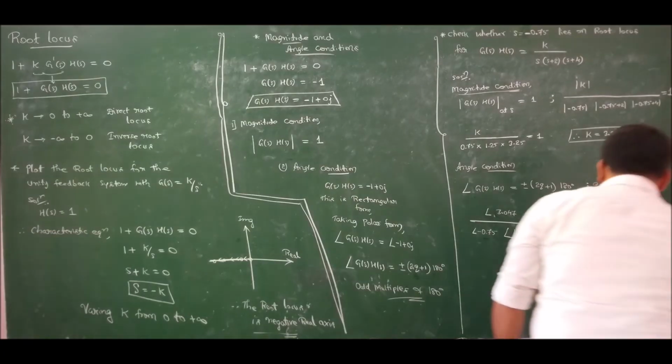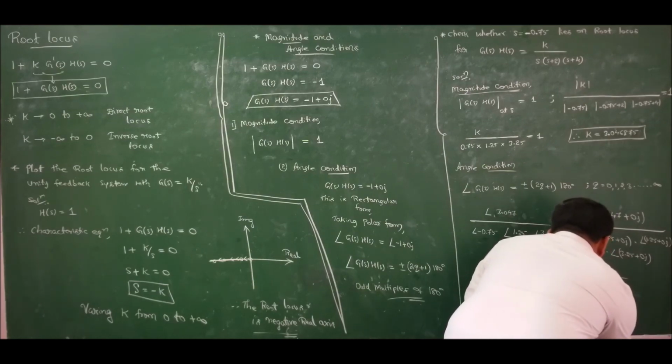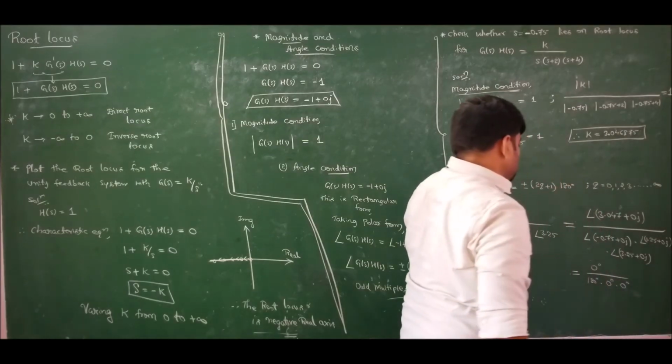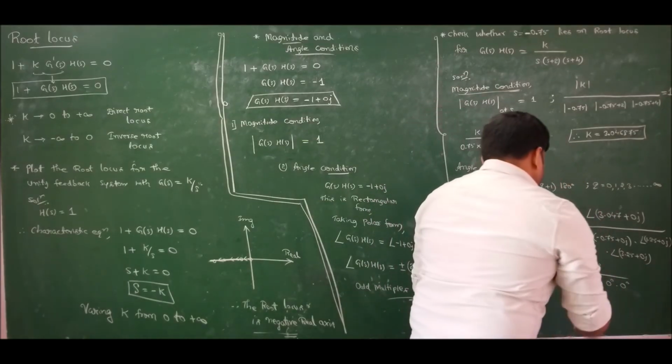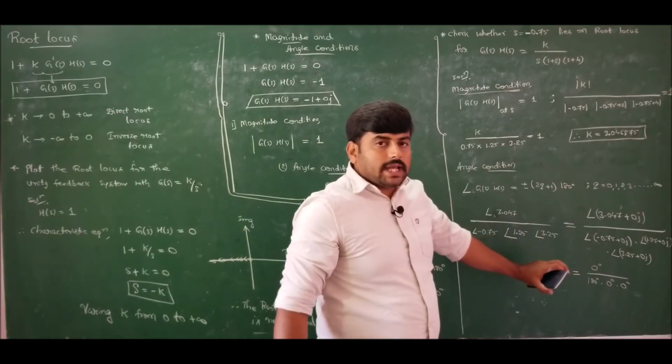So what are the angles we got? 0 degrees divided by 180 degrees, 0 degrees, 0 degrees. Now how to solve this? Numerator angles are taken as positive, denominator angles are taken as negative.